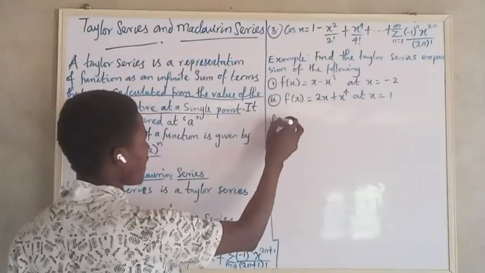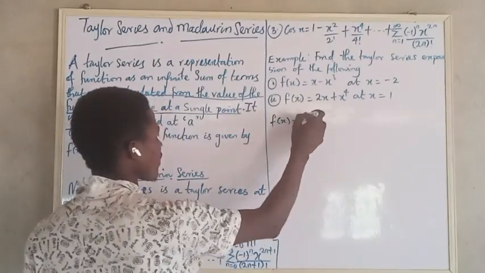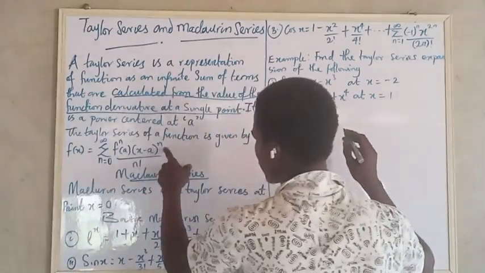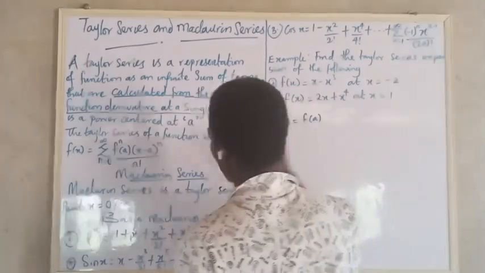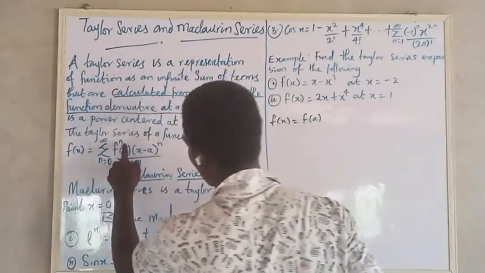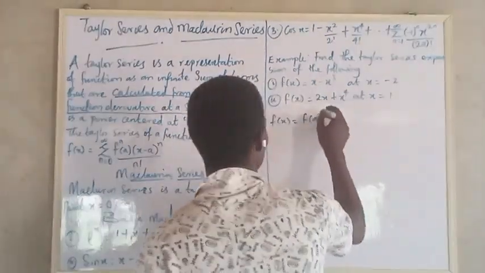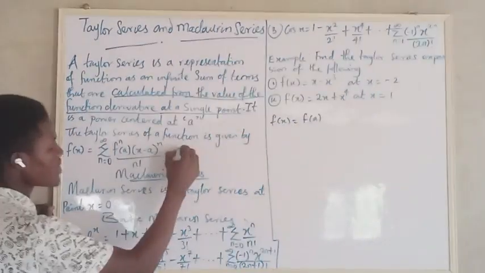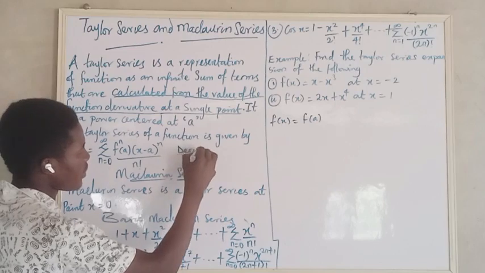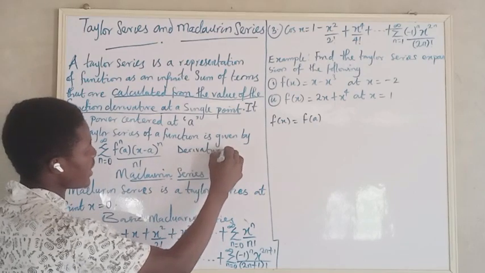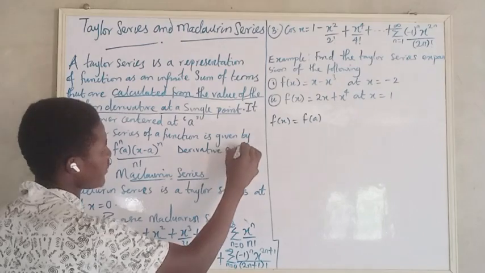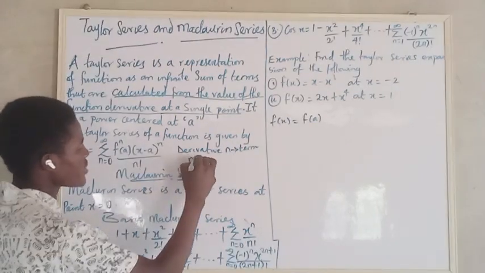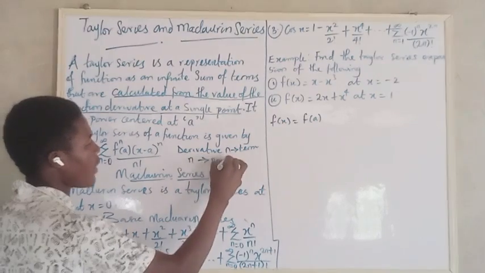The formula is f of x equal to f of a, because when n is 0, I only have f of a. The n under this means the derivative. The n is the derivative term, the number of derivatives. Then the n on the other a is the power. I get what I'm saying now.